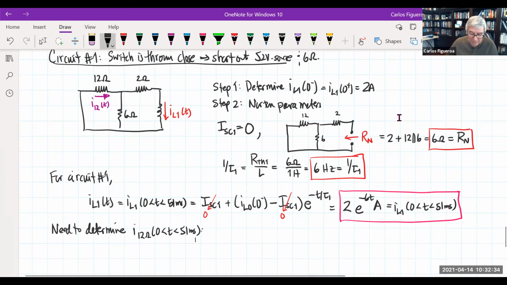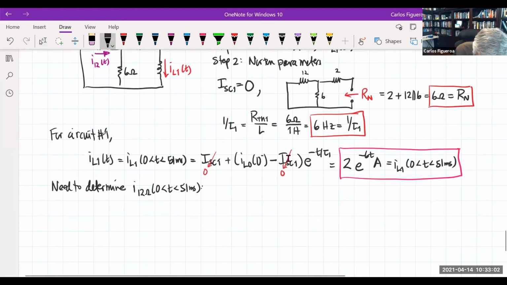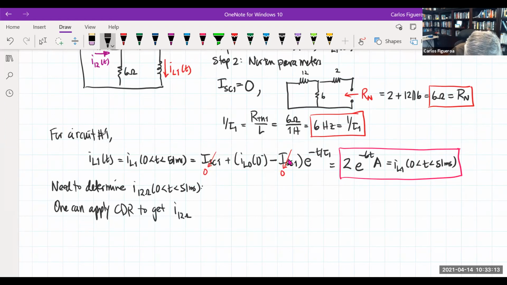When I look at this, I'm seeing that this current is being divided by the 2 and the 6, so this is really just the current divider rule. I can use the current divider rule in this situation because I already know the inductor current; whatever's not going through the inductor must then be going through the 6 ohm. So I can apply CDR to get the current of the 12 ohm resistor.